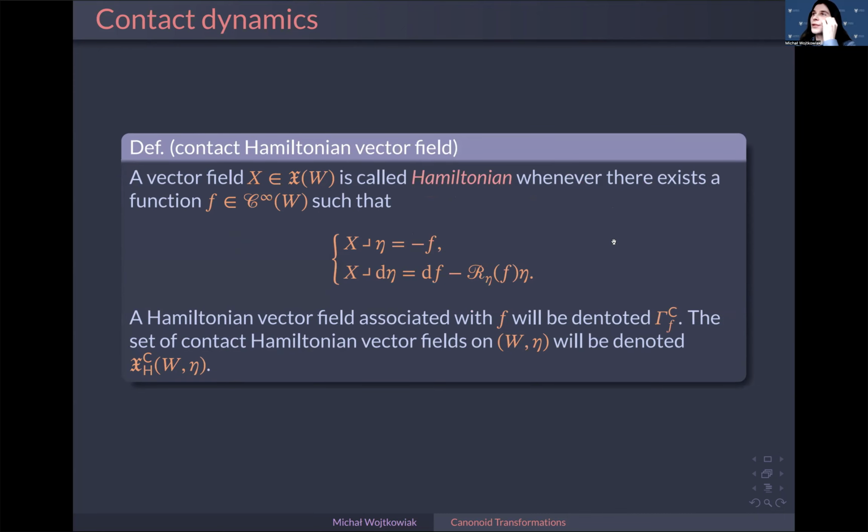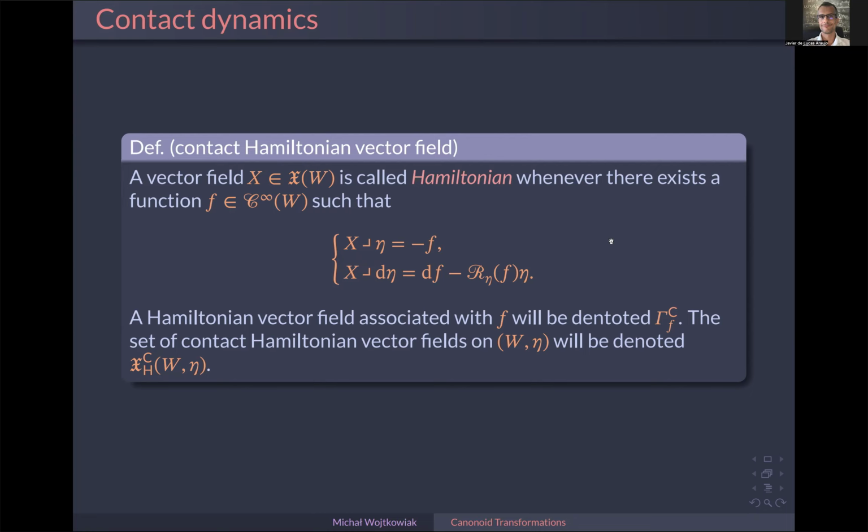Now, the definition of a Hamiltonian vector field is slightly more complex. We need to consider not only the contraction by the contact form, but also by the differential of the contact form. And the bottom condition is essentially the same as in the symplectic case, except we have to subtract some term with the Reeb vector field evaluated at f.